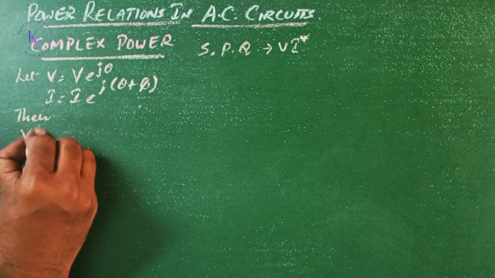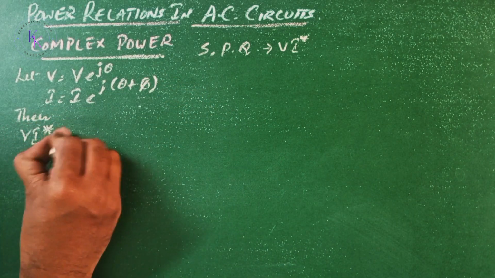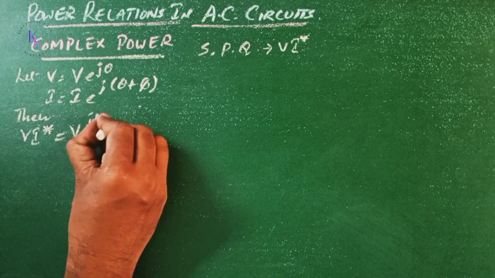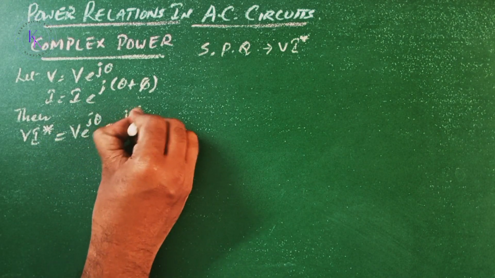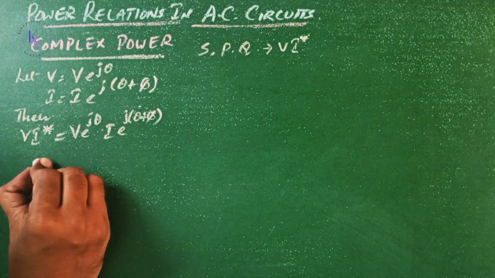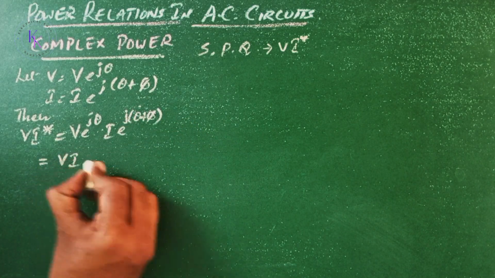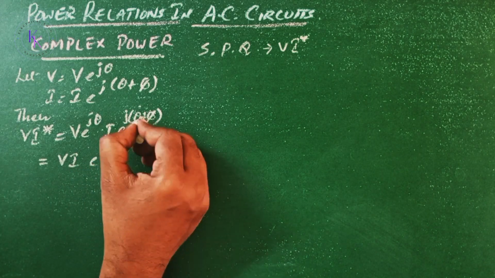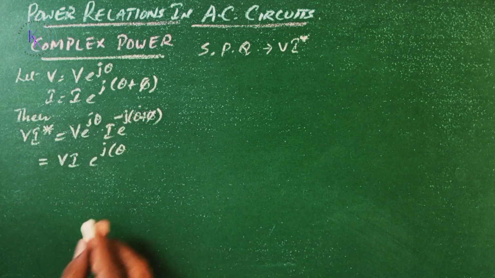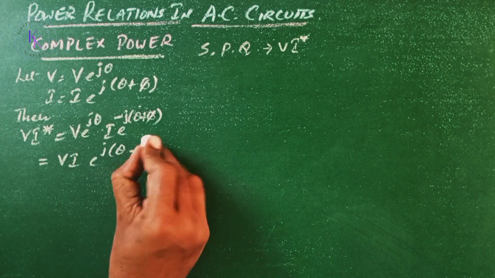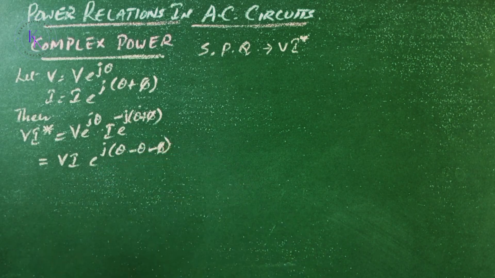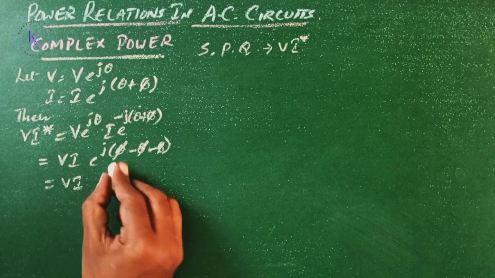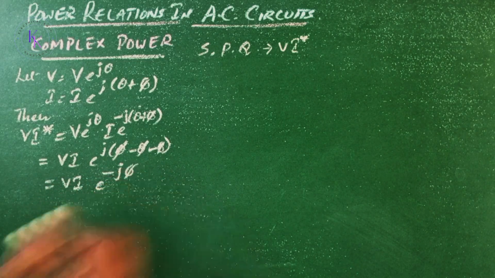Then the complex power V I conjugate is given by V e to the power of j theta multiplied by I e to the power of minus j(theta plus phi), as this is a conjugate. That equals VI e to the power of j(theta minus theta minus phi). Theta gets cancelled, then you will get VI e to the power of minus j phi.